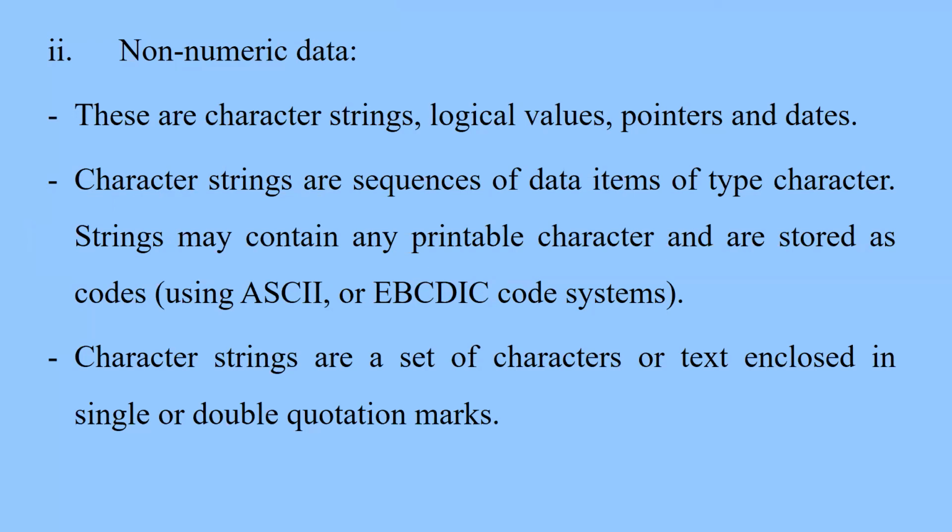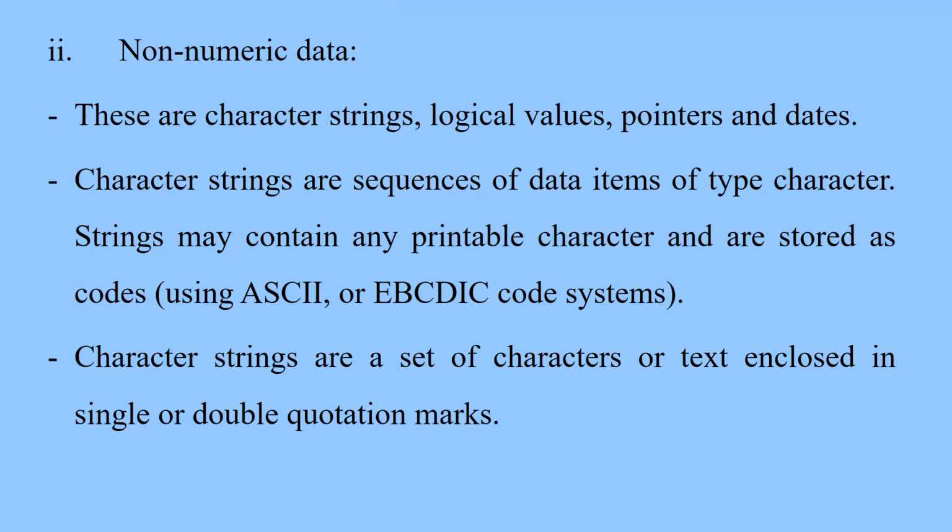That means it is data which consists of other characters, text, other symbols, dates, and so on. So any other type of data which is not a whole number, not an integer, neither is it a number with a fraction. In other words, neither is it real.